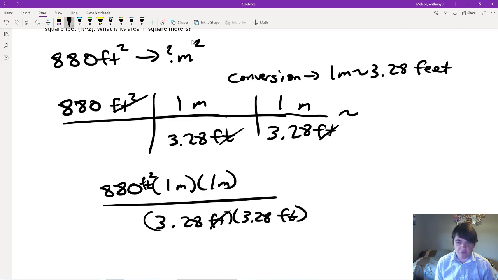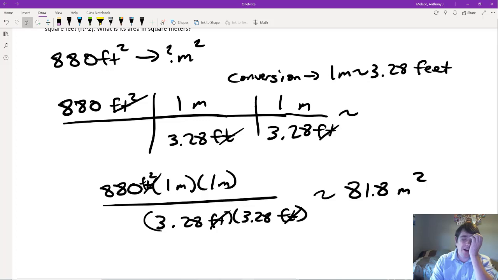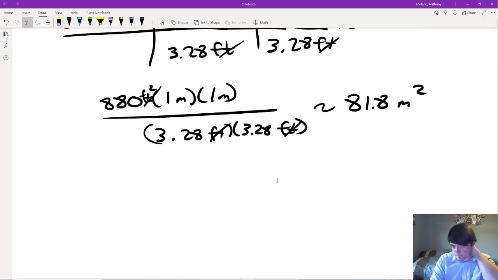Now this allows us to cancel these units and gives us our meters squared units. This is approximately 81.8 meters squared. If it was cubed, like a volume, you would have to do the conversion 3 times. Or to the 4th, 4 times, or to the 5th, 5 times. Okay. So keep that in mind.